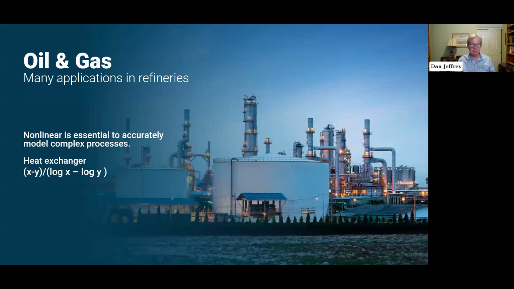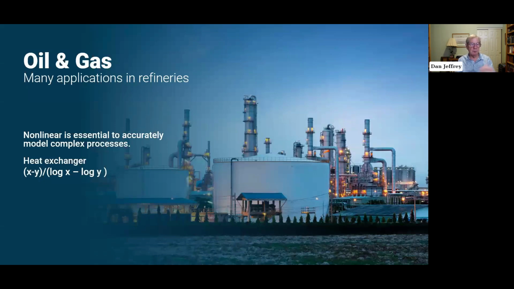In oil and gas, that industry is full of nonlinear terms. I'm not a specialist in that area, but I've seen enough to know that it's just full of nonlinear terms. A lot of models need to be representing nonlinear functions, and it's really necessary sometimes to do it in the pure form and not an approximation.